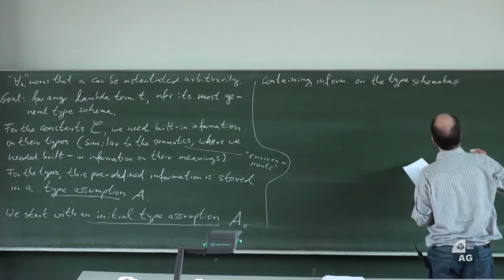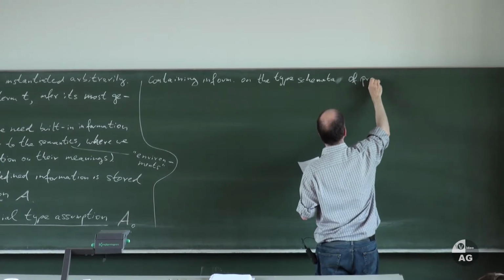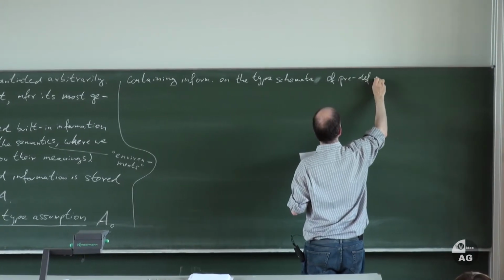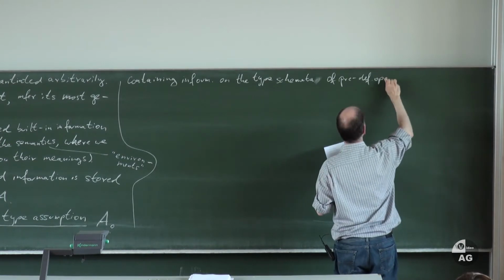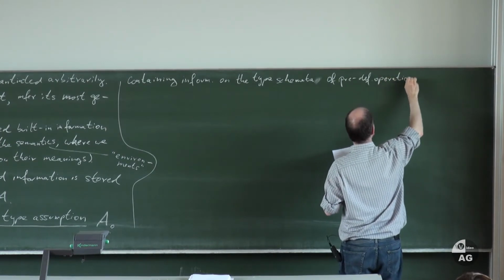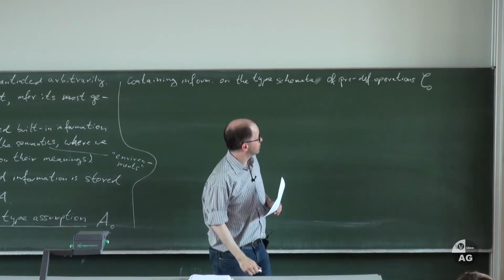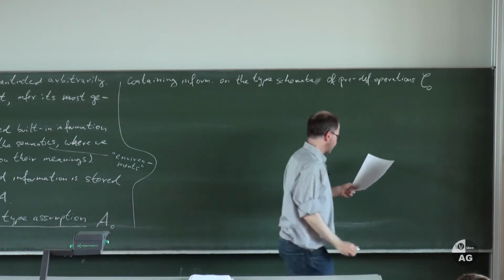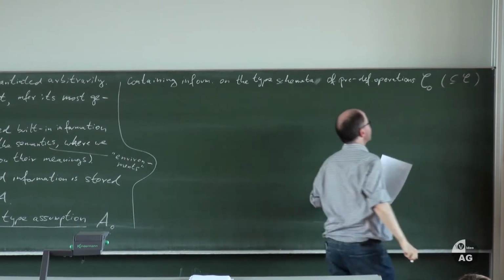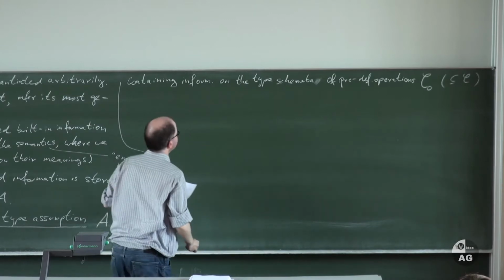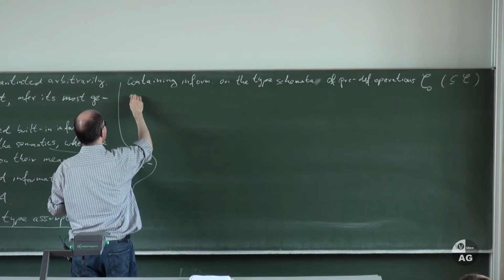Containing information on the type schemata of predefined operations of Haskell, and they were stored in this subset C0. So this was a subset of the constants.